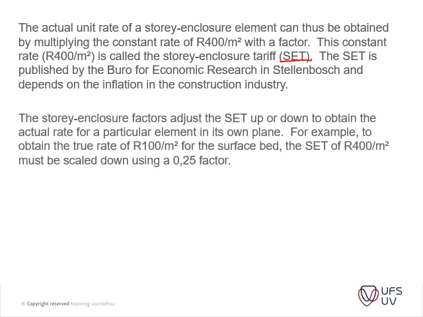Okay, the story enclosure factors adjust the set up or down to obtain the actual rate for the particular element in its own plane. For example, to obtain the true rate of 100 Rand per square meter for the surface bed, a factor of 0.25 is used and timesed with the set, which was given as 400 Rand per square meter.